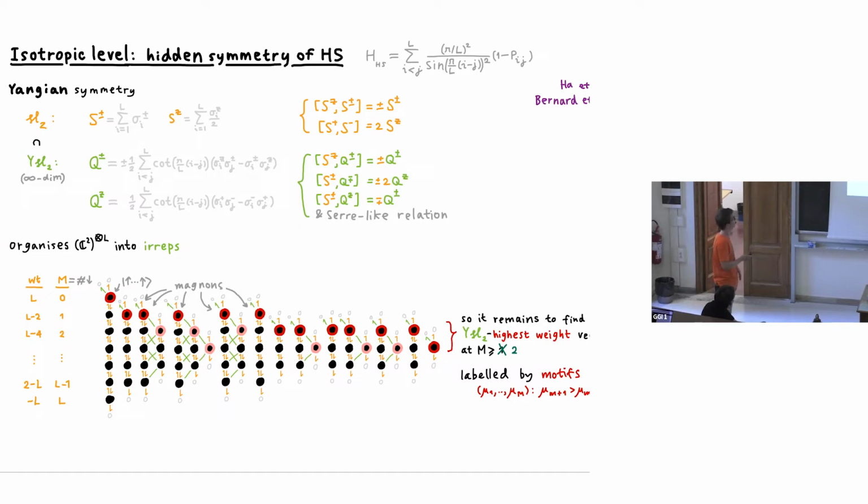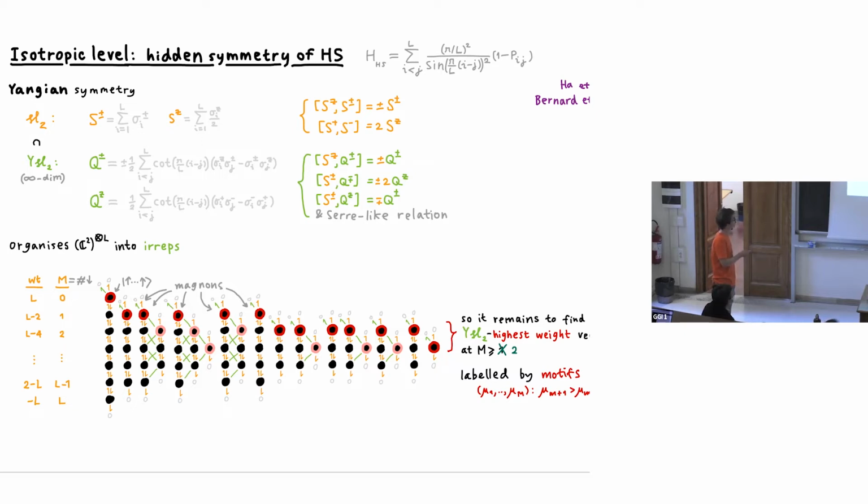I don't want to go into the details, but here I gave the Drinfeld first presentation. Besides just spin lowering and raising operators and spin z, we now also have affine lowering and raising operators and some affine spin z. We can write down explicit expressions. They're bilocal, so a bit more complicated.